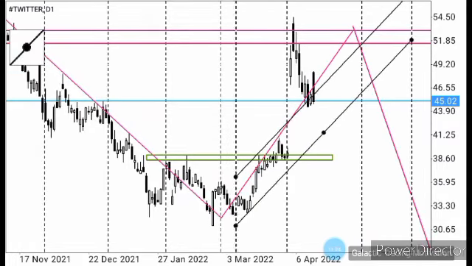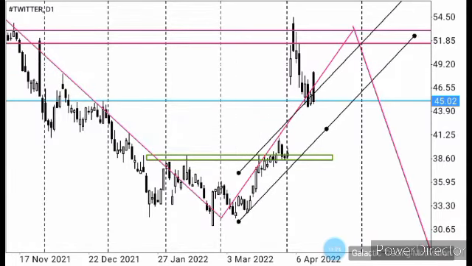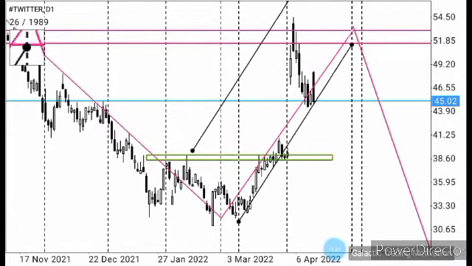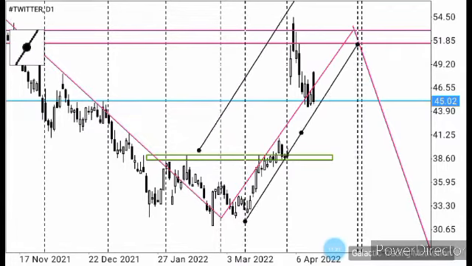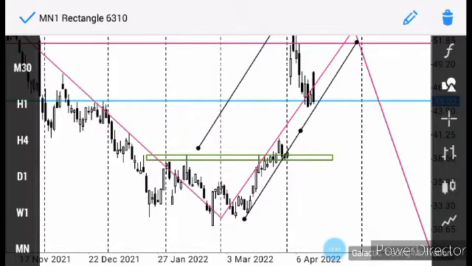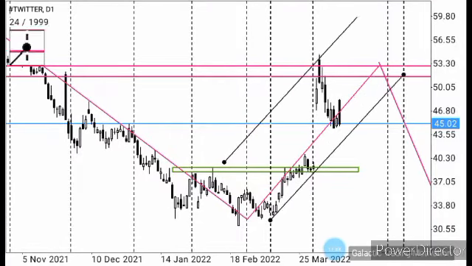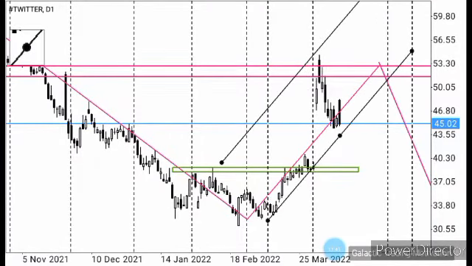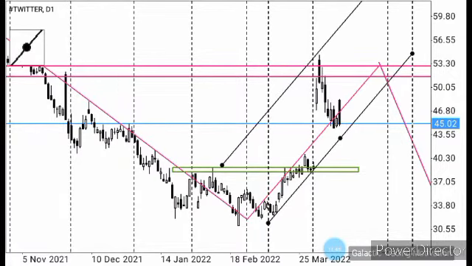I don't like steep channels because generally they are easily broken. But just for the sake of illustrations, I will just add one. It's a very steep one though. Yeah, it's probably going to be broken very easily, but let's just go with it for now.